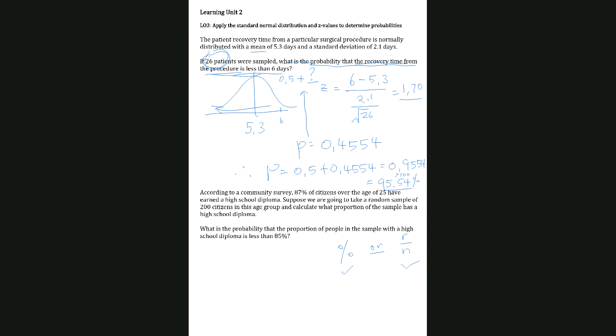So in this question, they said to you, according to a community survey, 87% of citizens over the age of 25 have earned a high school diploma. So here's saying to you, and exactly as we had done with the first question here at the top, since we're working with proportions, you will have a sample value, which is denoted by the letter P, and you will have a population value, which is denoted by the symbol pi.